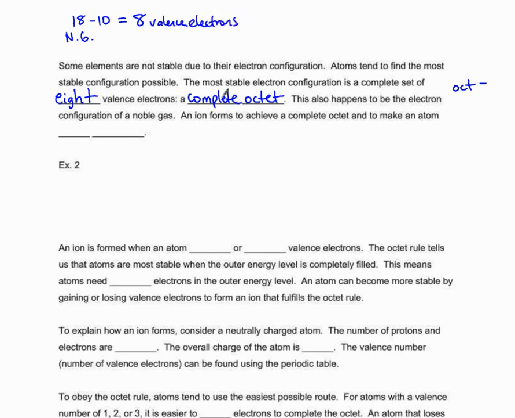So this complete octet of 8 valence electrons happens to be the electron configuration of the noble gases. An ion forms. Remember, an ion is an atom that does not have equal numbers of protons and electrons. So an ion forms to achieve a complete octet, and it makes the atom more stable.